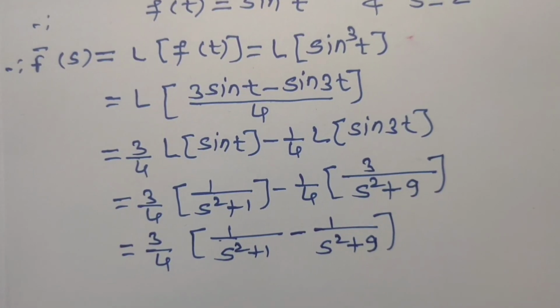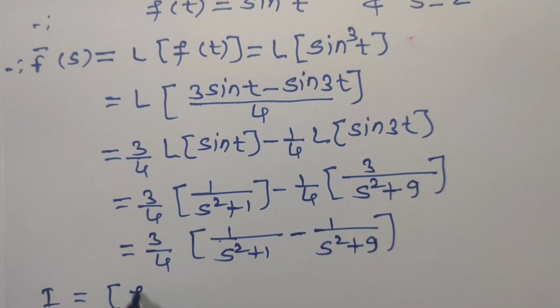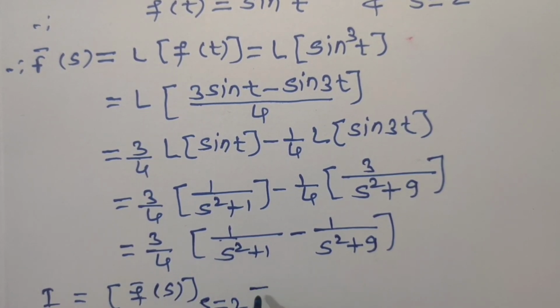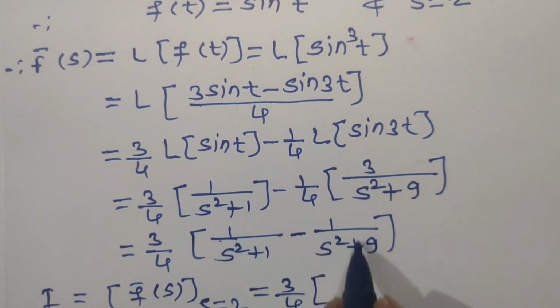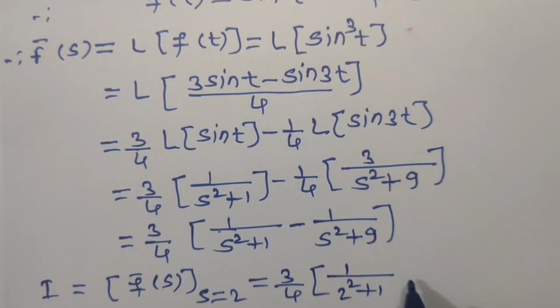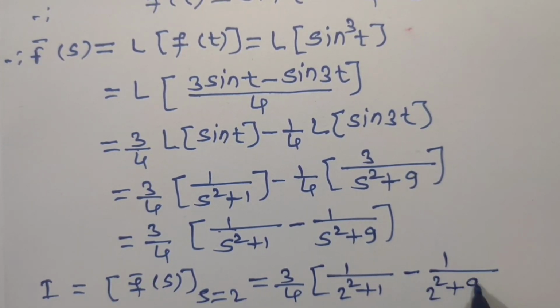Hence we can write I is equal to f bar of s at s is equal to 2. So this is equal to 3 upon 4, replacing s by 2 in this bracket, 1 upon 2 square plus 1 minus 1 upon 2 square plus 9.